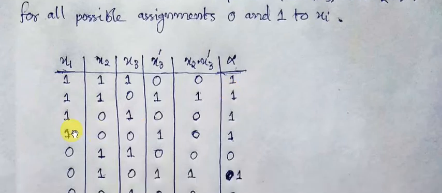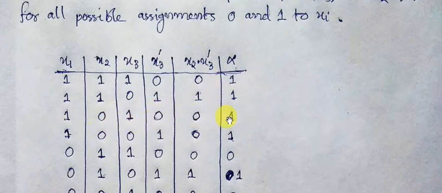Here we have assigned the value of x1 1, the value of x2 0, the value of x3 1. x3 complement, that means 1 complement, 1's complement is 0, and x2 into x3 complement, this is x2 and this is x3 complement. So 0 into 0, this is 0.